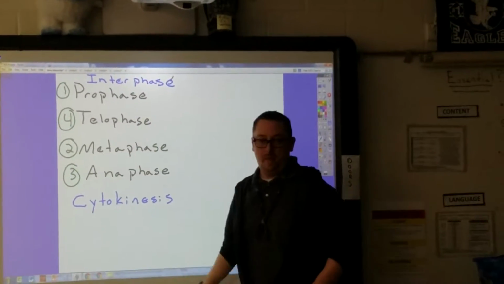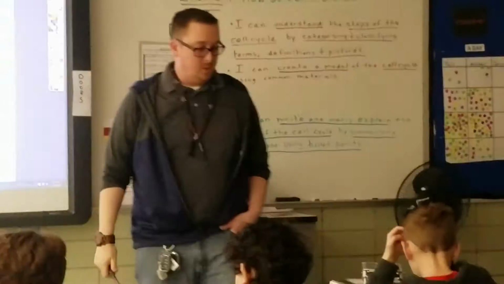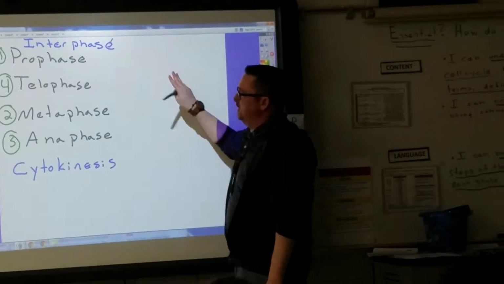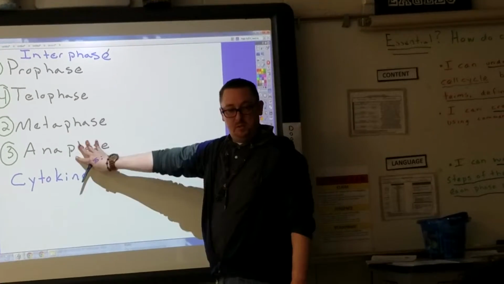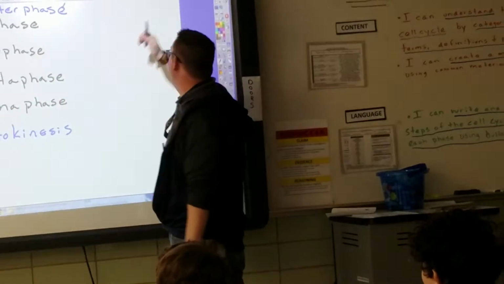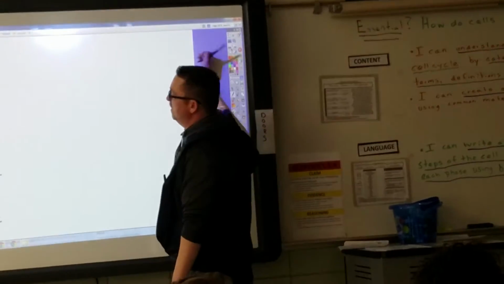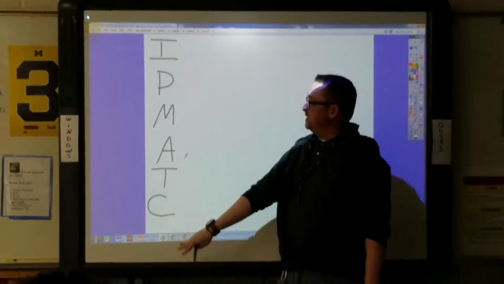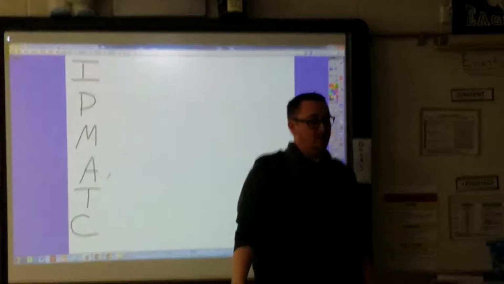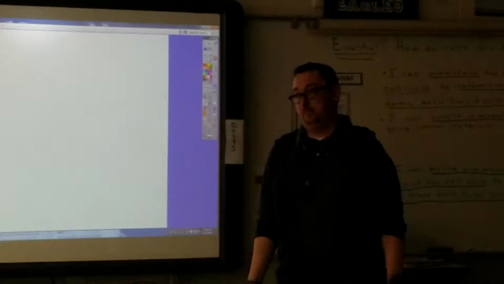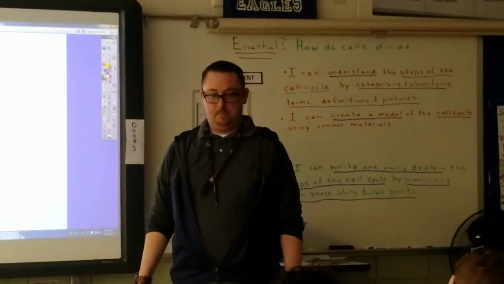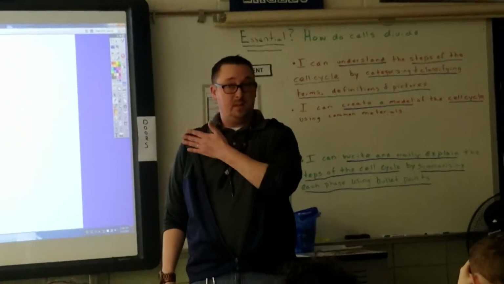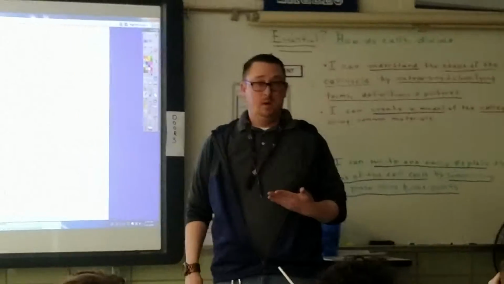Okay. So, in your ISN, you don't have to start a new sheet, you can just do it on the same page. I want you to put these 6 letters of the cell cycle in order, just like what you see up here. And I'm going to show you that Amoeba Sisters video again.